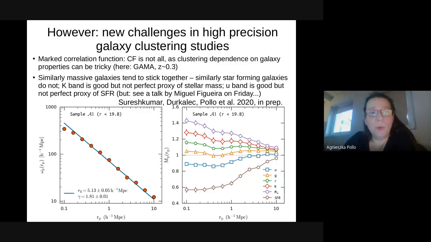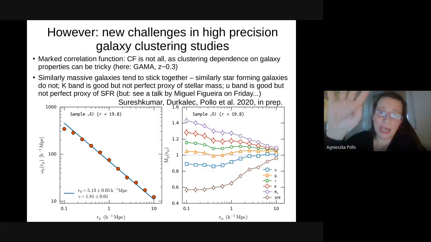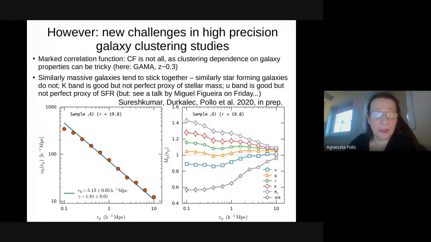But there are more refined tools, for example, the marked correlation function, which tells you not only how galaxies cluster, but how they cluster if we mark them according to their specific properties, for example, mass or color or luminosity in some given band.